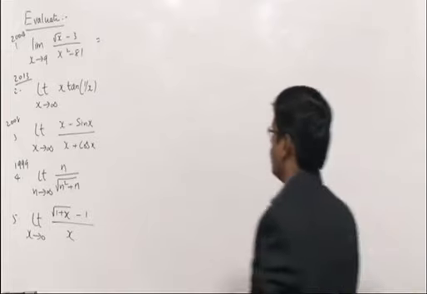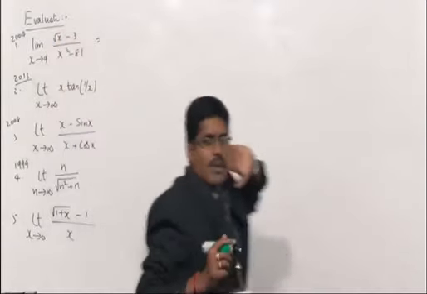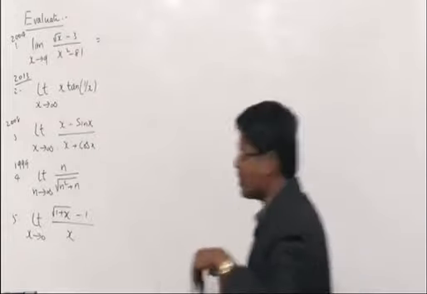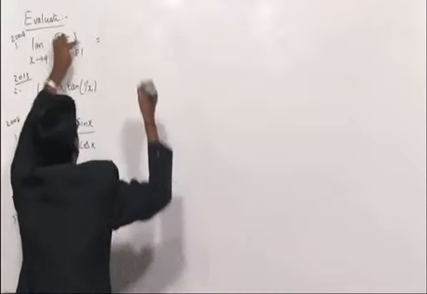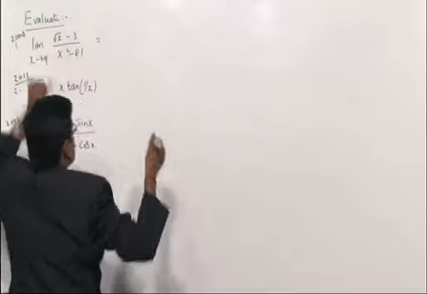If you remember the derivatives, you can apply the differentiation separately to numerator and denominator, that is, using L'Hospital rule. But I am doing it in an alternative way. First of all, divide numerator and denominator by x minus 9.